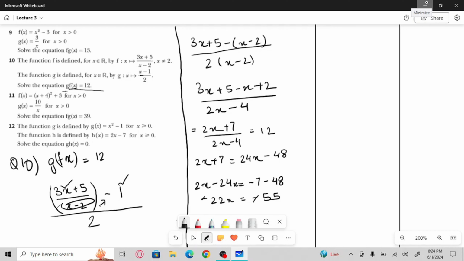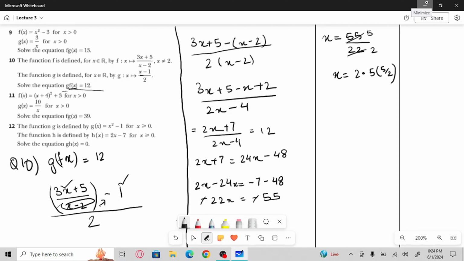Negative and negative will cancel, which will give us x equals 55 on 22. This in return is equal to 5 upon 2, and the answer for this is x equals 2.5, or 5 upon 2 if you want to say that. That's for question number 10.